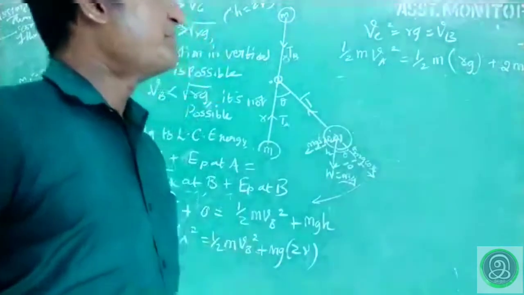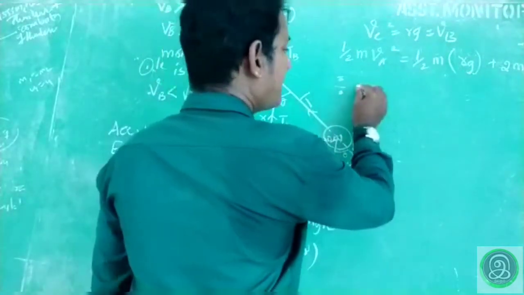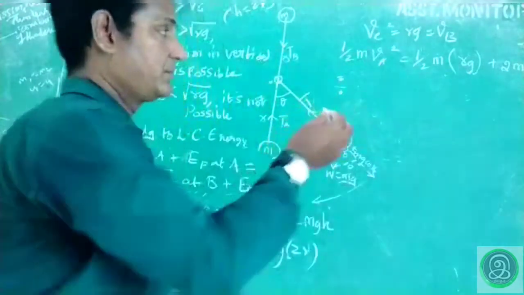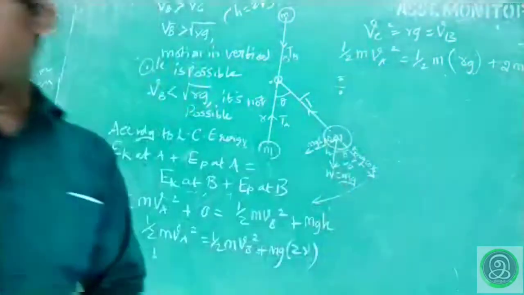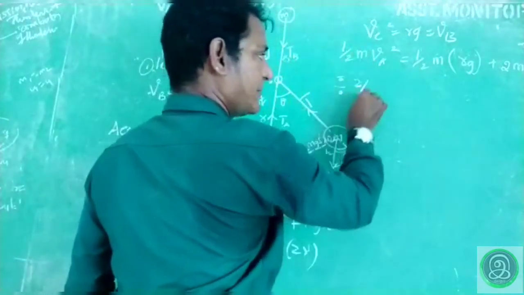So here I am going to multiply on both sides by 2 by m.